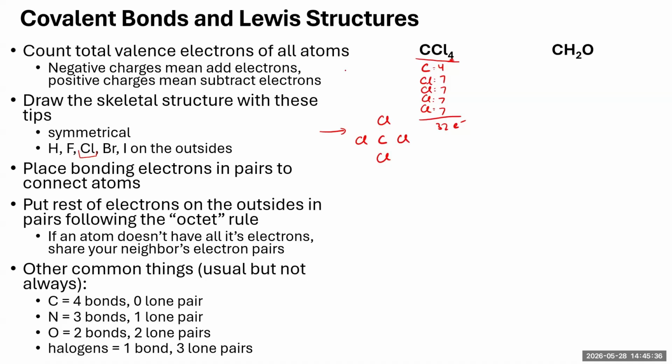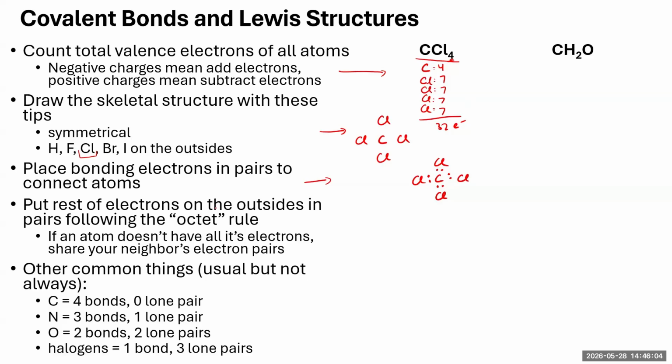All right. I'm going to draw arrows to match these up. We're going to place bonding electrons. So I'm going to redraw this just for you guys. You don't have to redraw it when you're doing it on your own. I just want you to not be confused with what I'm doing. It says, place bonding electrons in pairs to connect the atoms. 2, 4, 6, and 8.